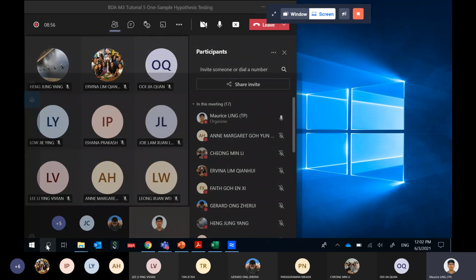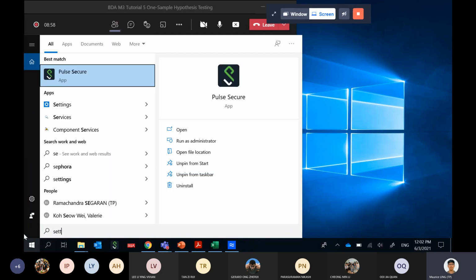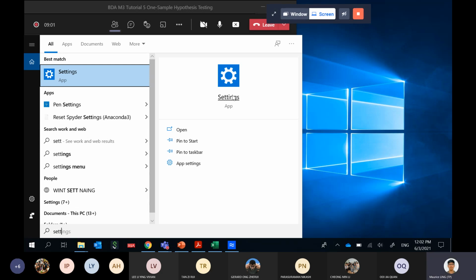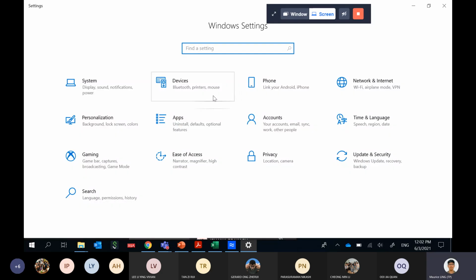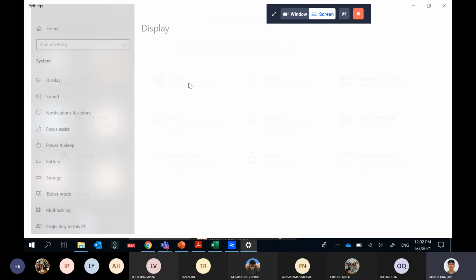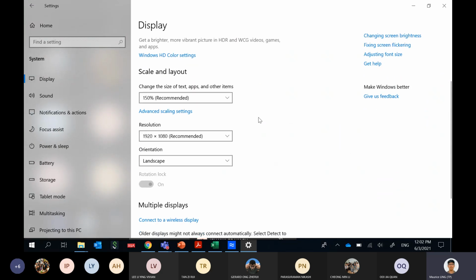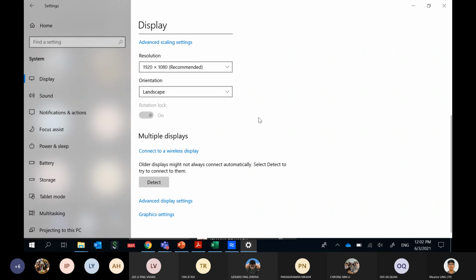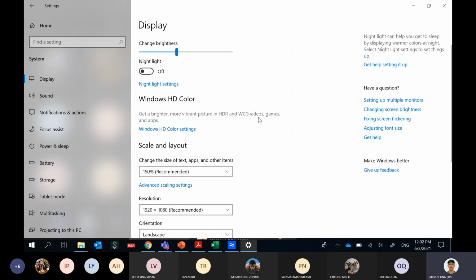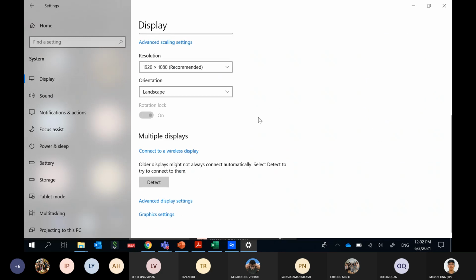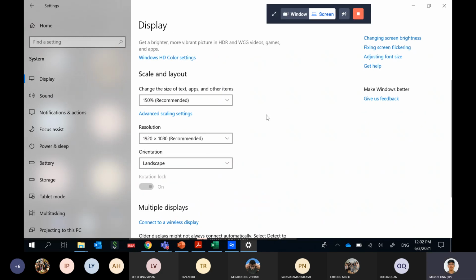Go to settings. Then which one? Settings. Any idea? System, display. And any idea where next? Strangely, it worked the last round, so I'm not sure why it doesn't work this round.